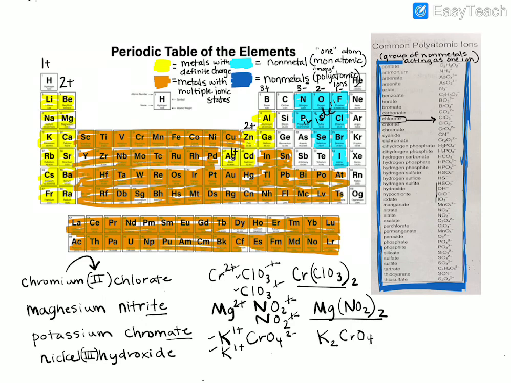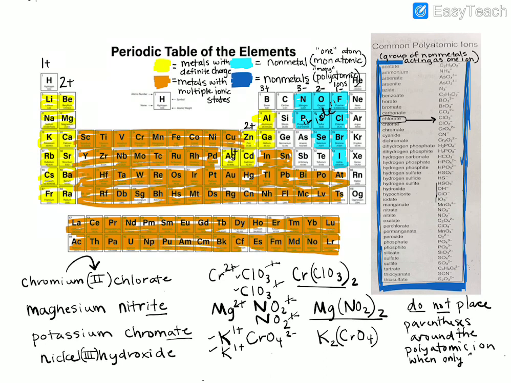So here's a big mistake students make. A lot of students get in the habit of putting these parentheses and they're like, oh, here it is. Do not do this. Again, I'll say that again. Do not place parentheses around the polyatomic ion when there is only 1.